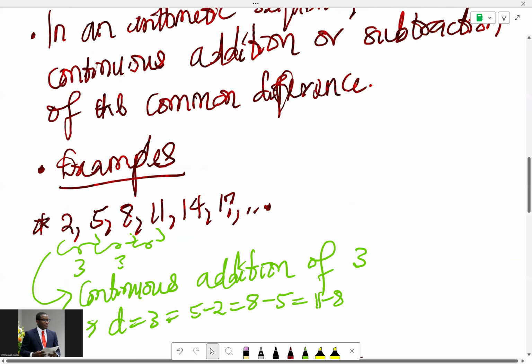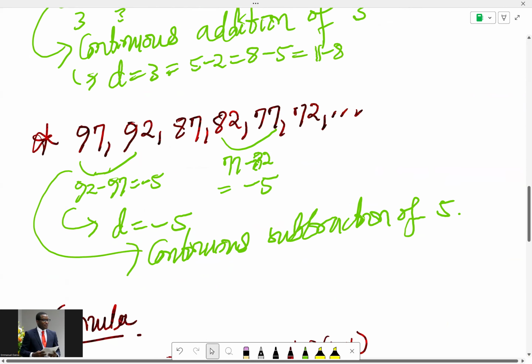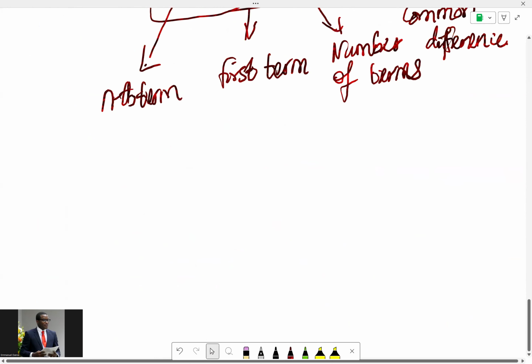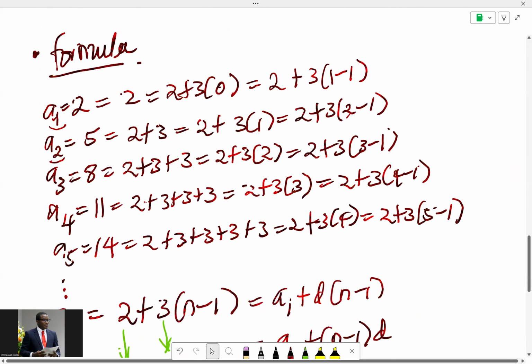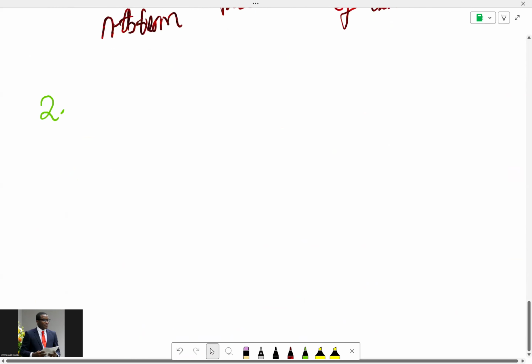All right, so let's move on to talk about the next important sequence, if you like, and that is the geometric sequence. Geometric sequence, number 2.